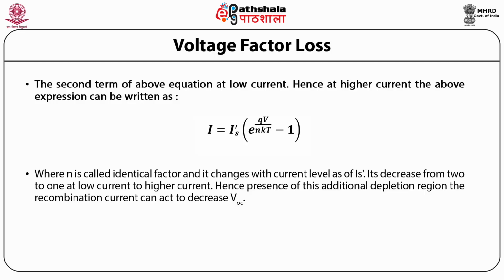It decreases from 2 to 1 from low current to higher current. Hence, in the presence of this additional depletion region recombination, the recombination current can act to decrease the VOC.